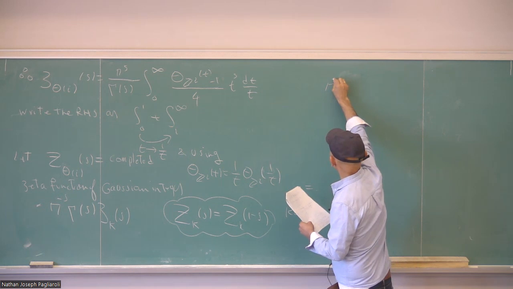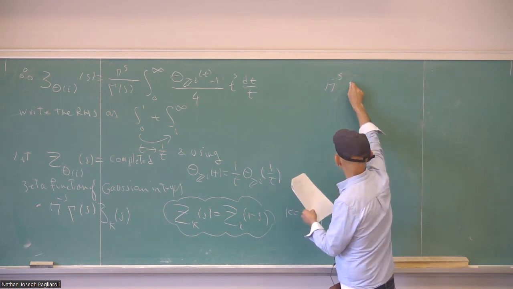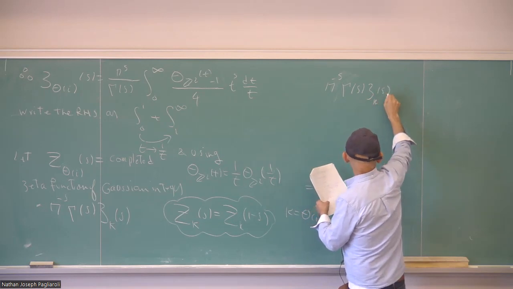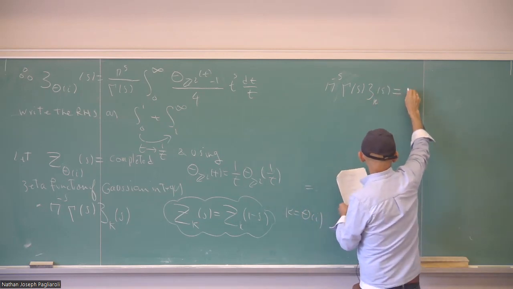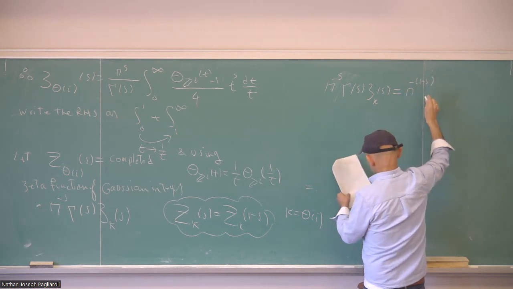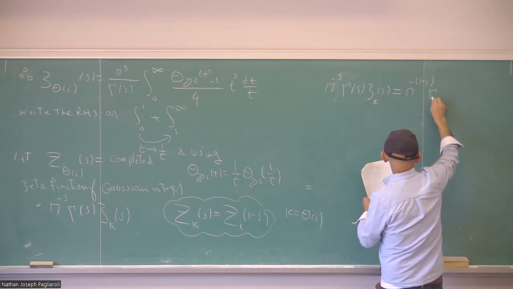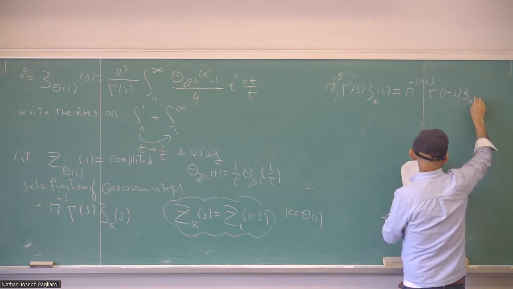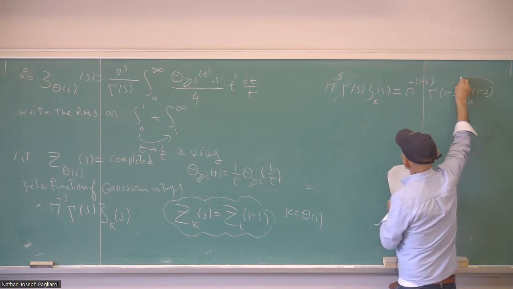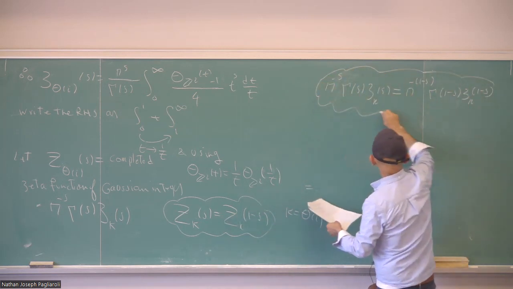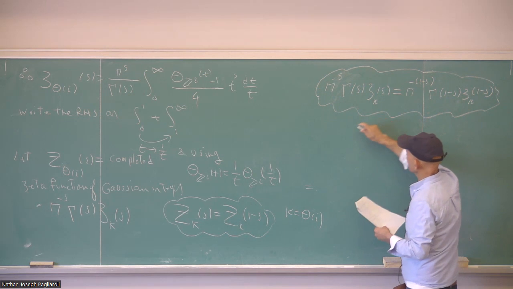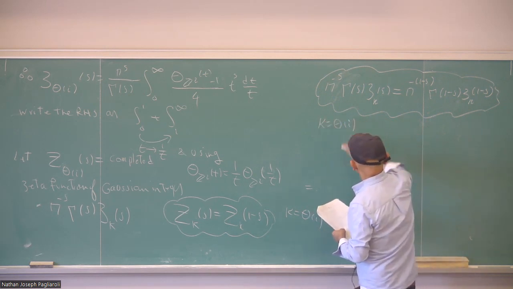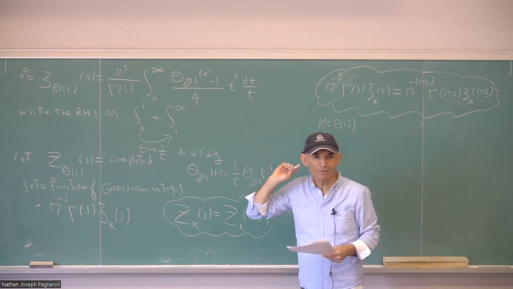I'm going to write it: pi to the minus s, gamma of s, zeta k of s is equal to pi to the power minus (1 minus s), gamma of 1 minus s, and then zeta k of 1 minus s. Okay, it's the same thing as over there. I just wrote it explicitly, again for k equal to Q(i).